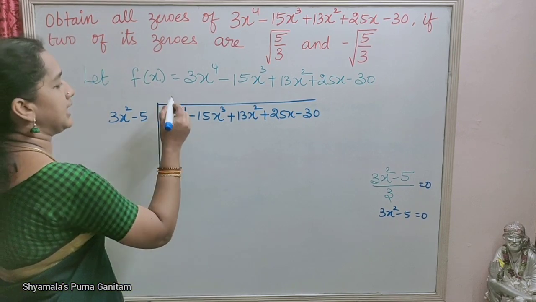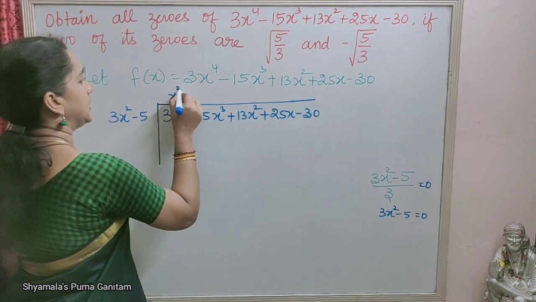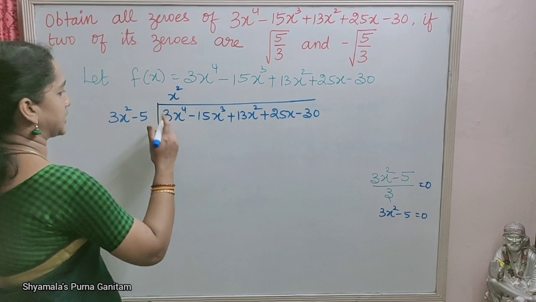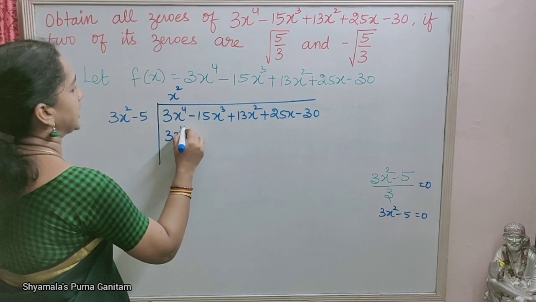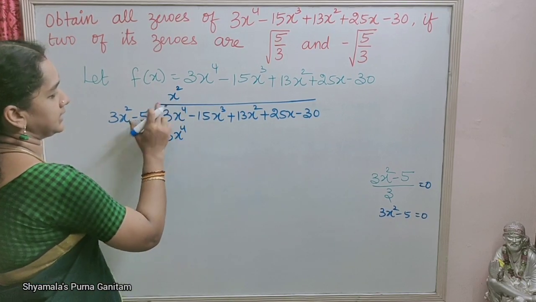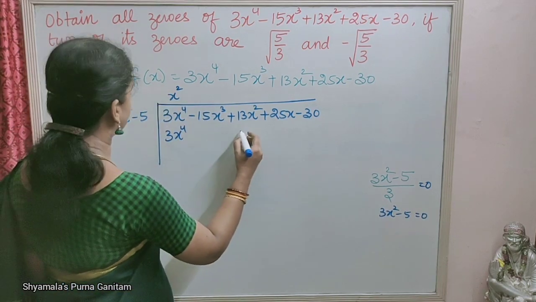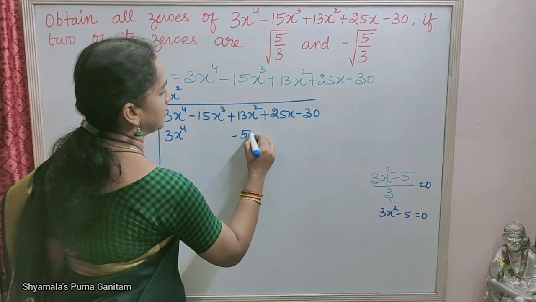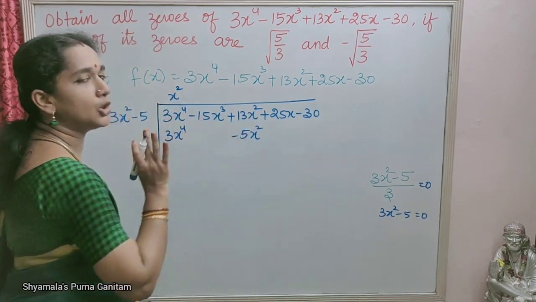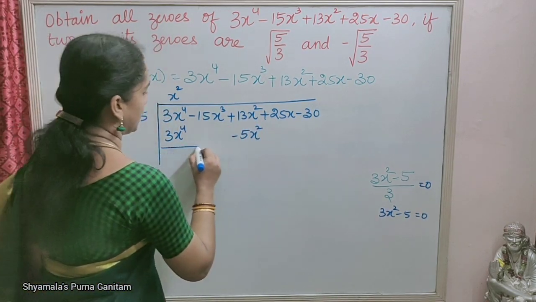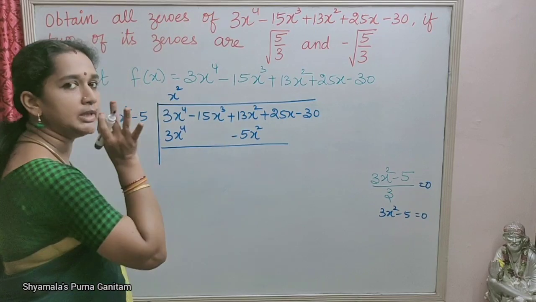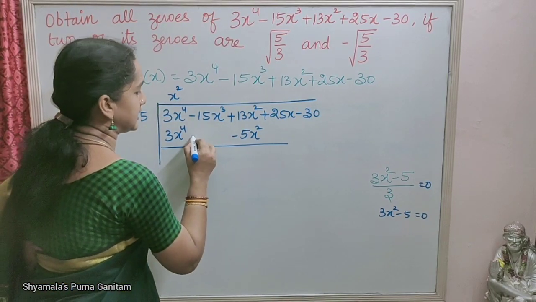Okay. So this is 3x squared, so in the quotient it will be x squared. So I will get 3x power 4. Here see this. When you multiply 5 and x squared, you will get only the x squared term, so minus 5x squared. You write it below the x squared term. For the x cube term, you leave it blank or write it as 0.